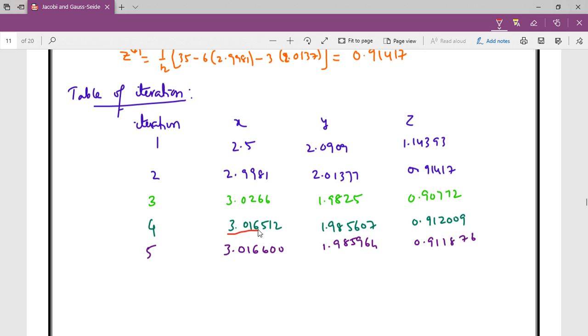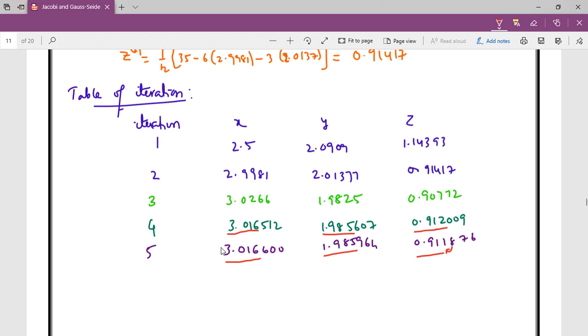So now let us observe the fourth and fifth iterations. So here 3.016, 3.016. In the fifth iteration, y value is 1.985 and 1.985, and z value is 0.912, which can be approximated to 0.912 also. Okay.